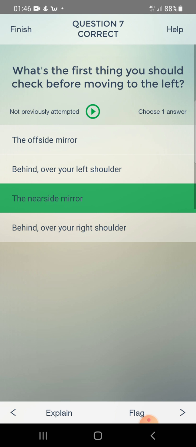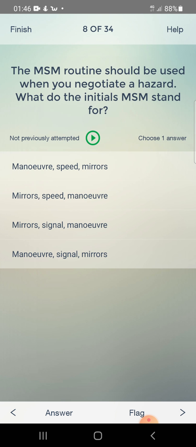Third. Right. The MSM routine should be used when you negotiate a hazard. What do the initials MSM stand for? So maneuver, speed, mirror, signal.